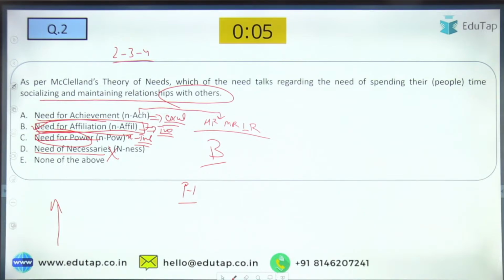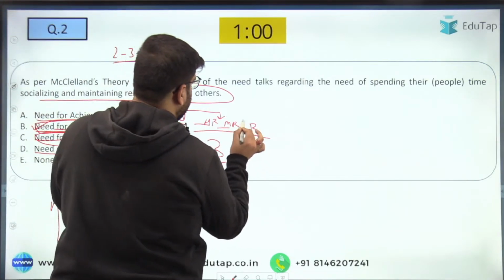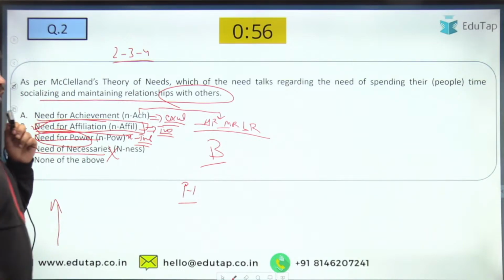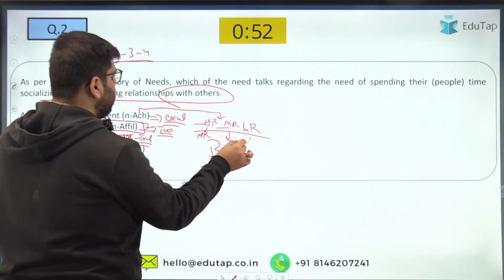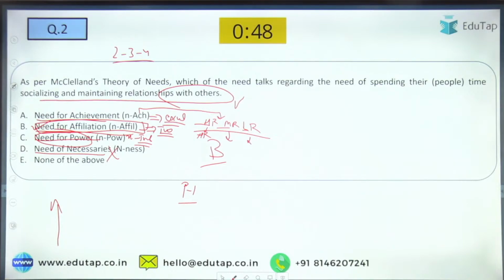On which particular risk level will he try to operate? High risk, moderate risk, or low risk? Please choose your answer. If you don't know the answer, then definitely you have to revise a bit now.